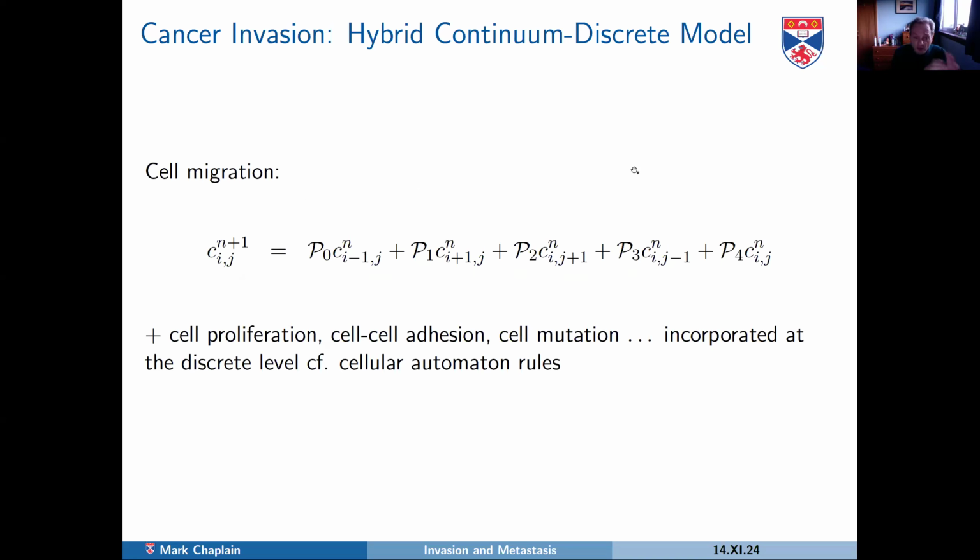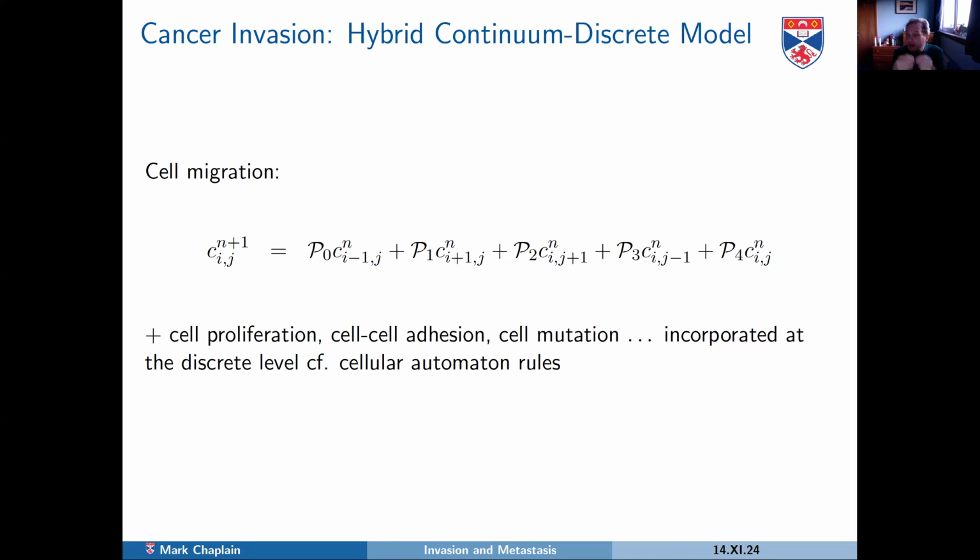Okay, so we have now a hybrid model like we had on Tuesday, applied to cancer invasion. And so our cancer cells are individual cells on the grid points, and so they can move from grid point to grid point. And that's all controlled essentially by the haptotaxis interactions with the matrix. But now, because we've got a discrete model with cellular automaton-like components, as we had on Tuesday, we can add in things like cell proliferation, cell-cell adhesion, cell mutation at the individual cell level.